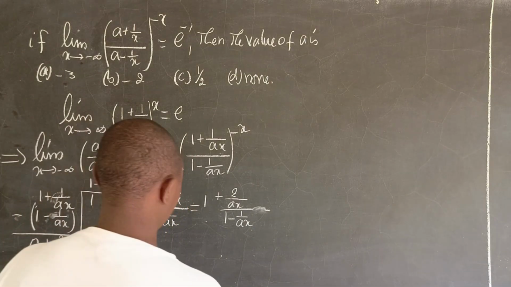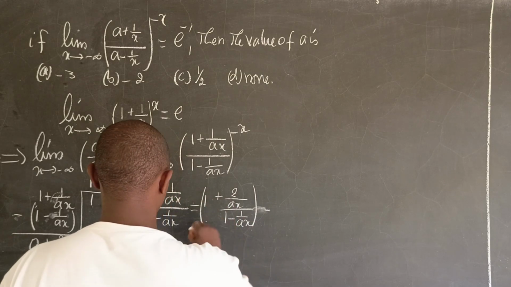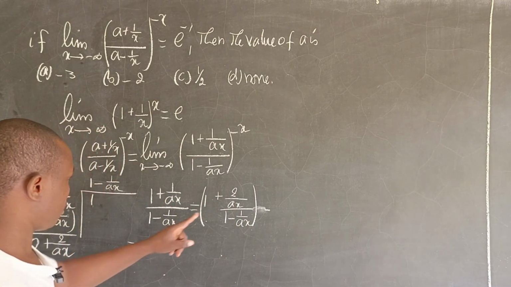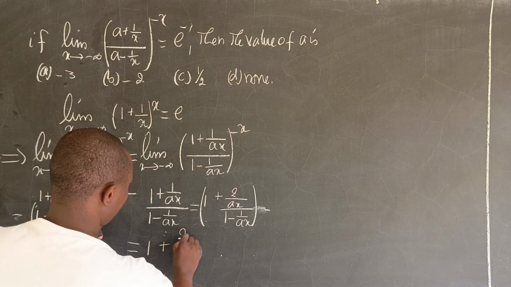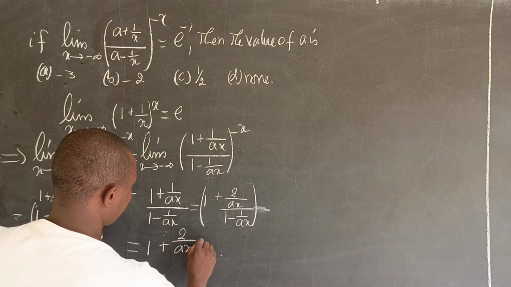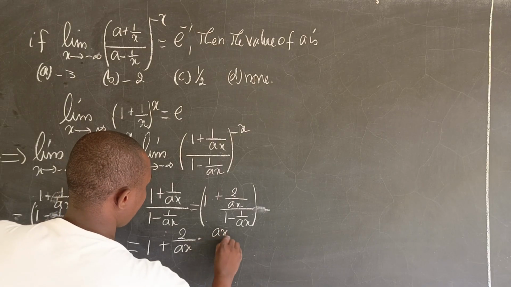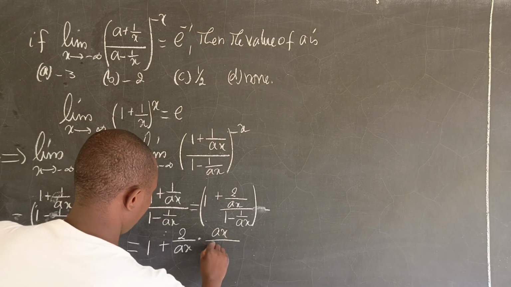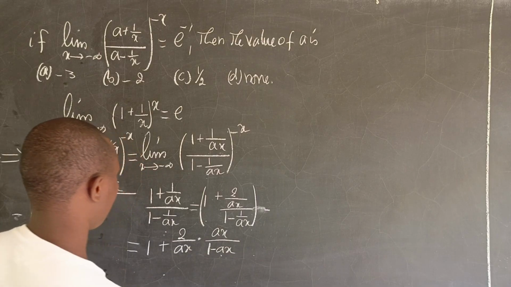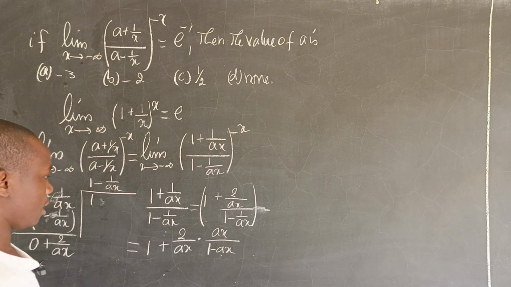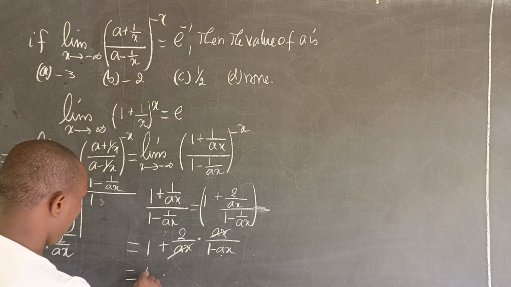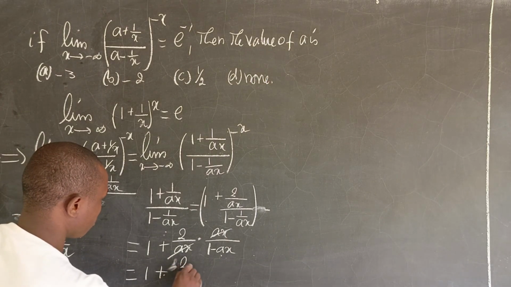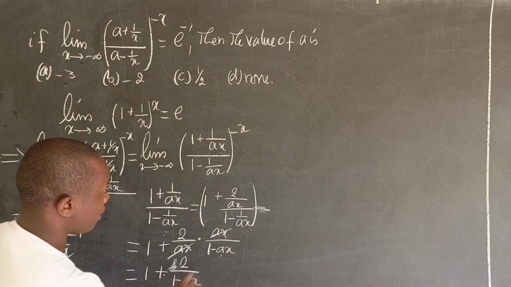And this is equal to 1 plus 2 over ax, times ax over 1 minus ax. Okay, this is equal to 1 plus 2 over 1 minus ax.